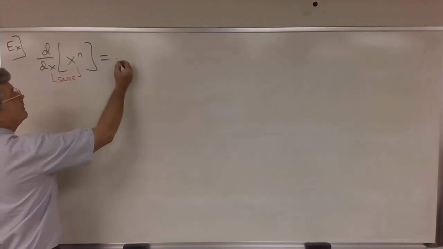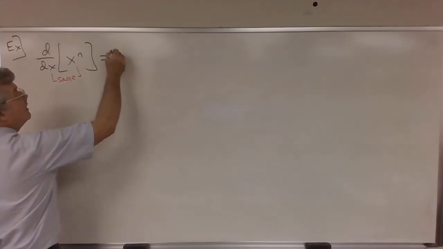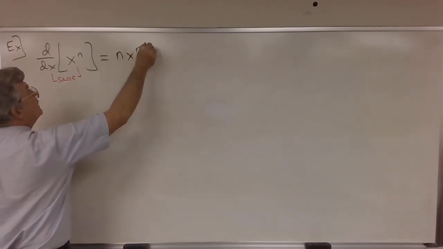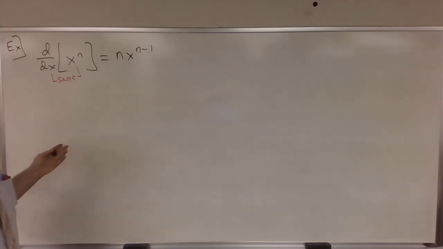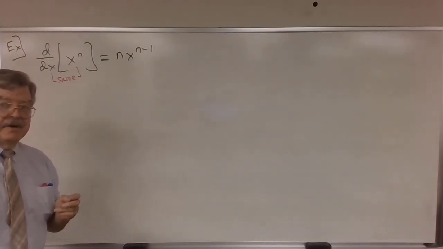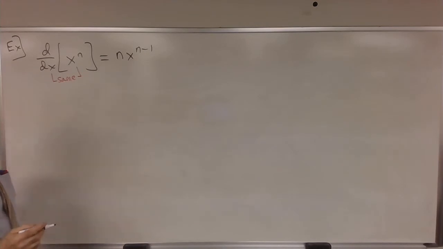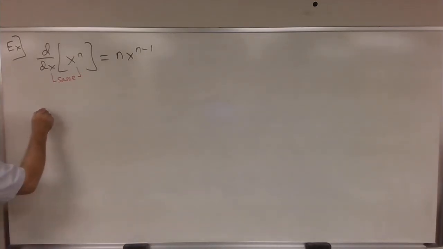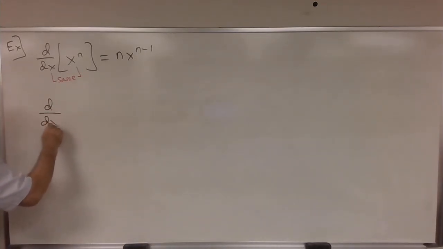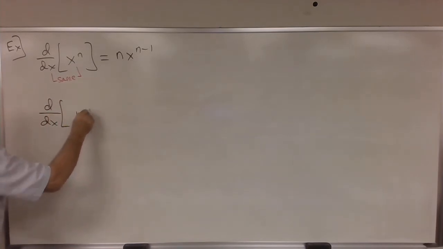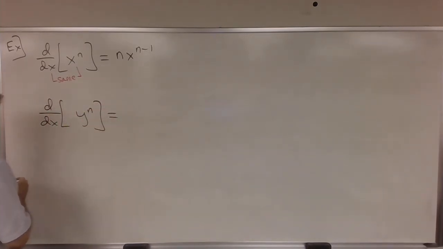This is just going to be what? n x to the n minus 1. Just the power rule as we know it, right? Now let's contrast it with this. The variables are different.